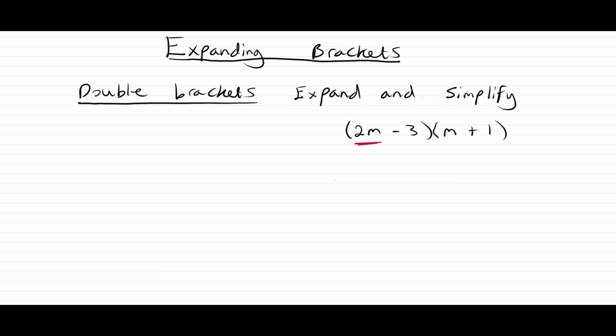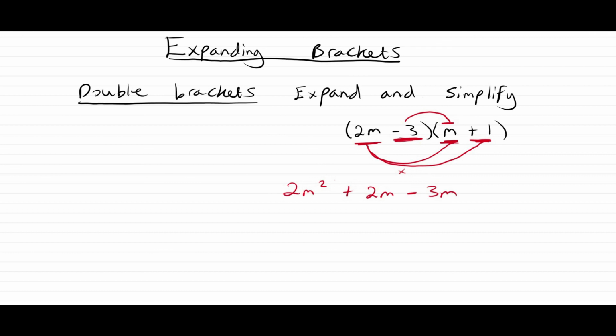First, I'll start with 2m and I'll multiply that by m. So that gives me 2m squared. Then I'll have that same 2m and I'll multiply it by plus 1. So 2m times plus 1 gives you 2m. Then you have negative 3 and you'll multiply that by m, which gives you negative 3m.